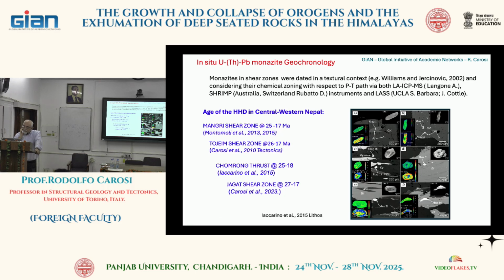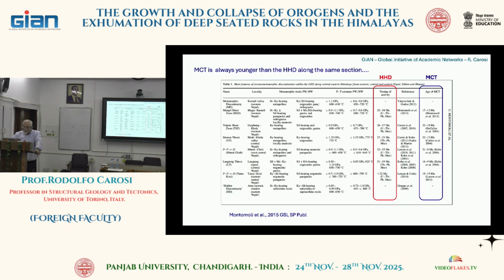We used different laboratories, at different times, of course: Australia, USA, or a laboratory in northern Italy. Now we have an instrument just in Turin, and we are just starting to work with this laser ablation ICP-MS these days. So in the next months, I think we will be able to date a lot of rocks.